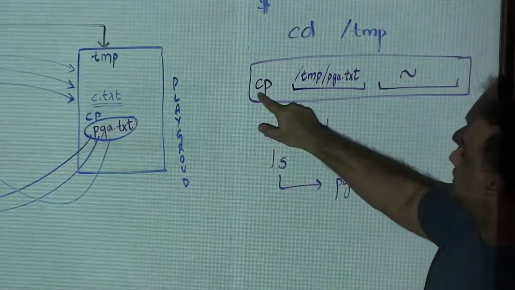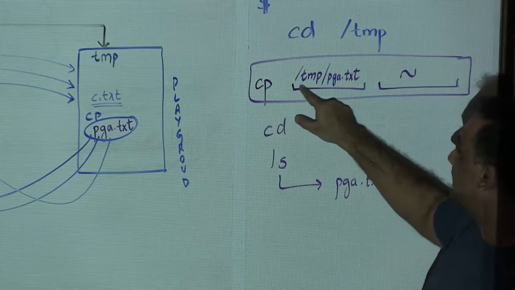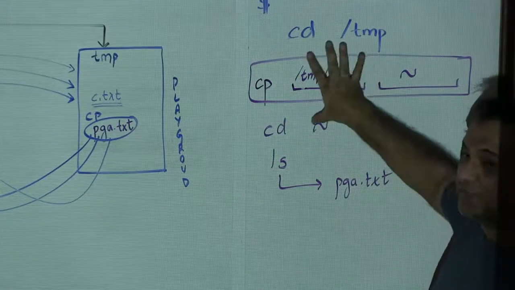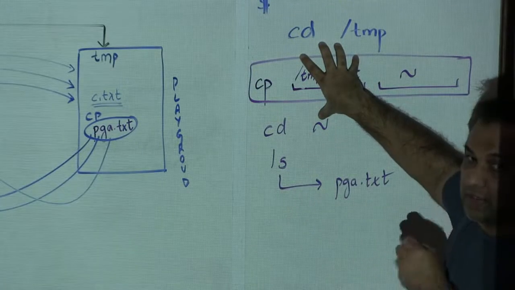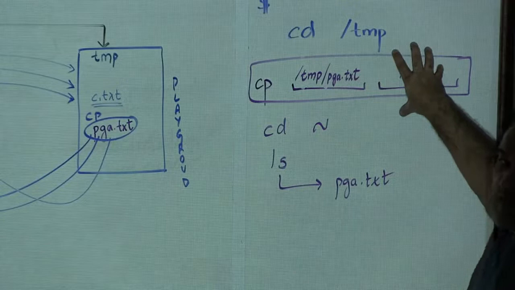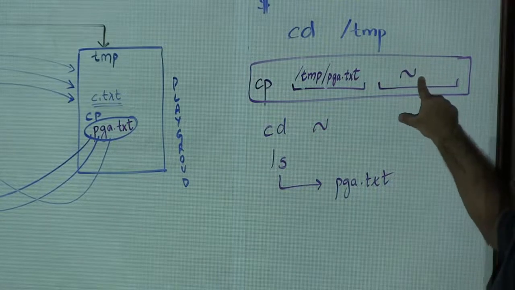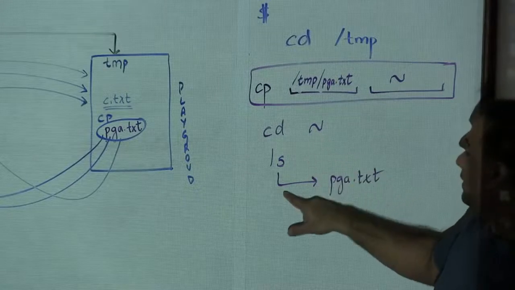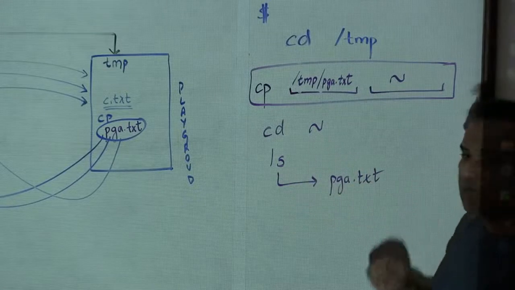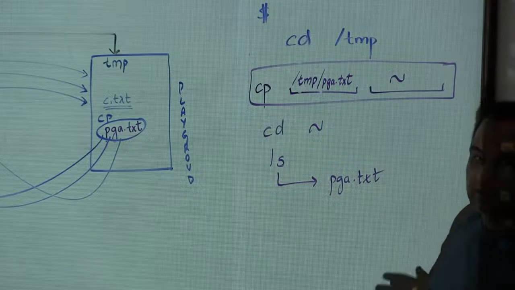So all you have to do is cp space /tmp/pga.txt. This becomes my source. So this is what we are picking up, and this is where we are sending. Where are we sending? We are sending to home. Then I'm changing my location to home location, and if I just execute ls, I should be able to see pga.txt. Can we try that now?